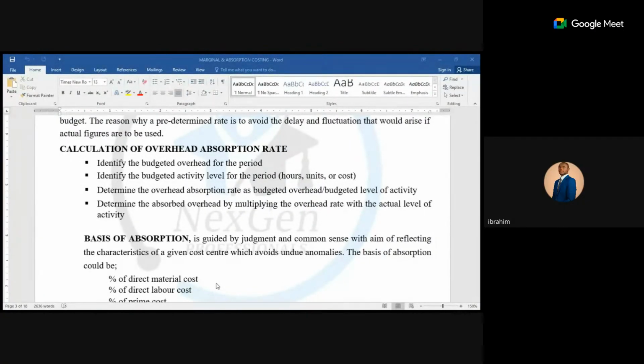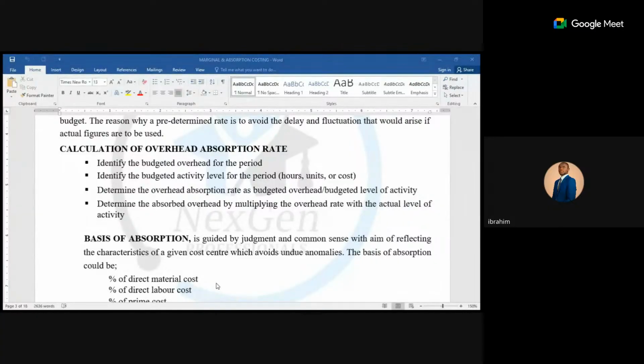That is the fixed overhead. What did you budget for the period? At the beginning of January, every organization will say, we budgeted 60,000 naira. We want to spend 60,000 naira for the year 2025. That is the budgeted overhead, that is their cost.